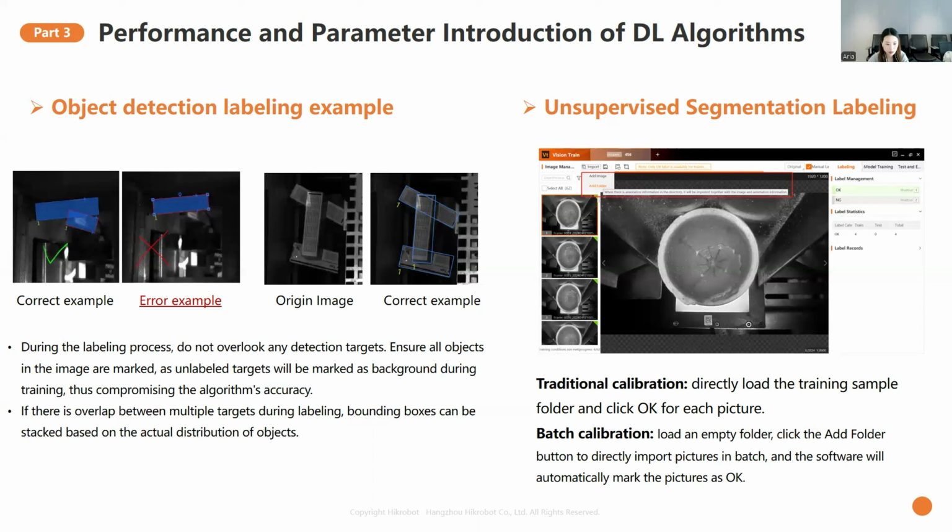It means that if there is overlap between multiple targets during labeling, the bounding boxes can be stacked based on the actual distribution of the objects. Our algorithm permits stacked object detection boxes that overlap each other; it can accept this situation.